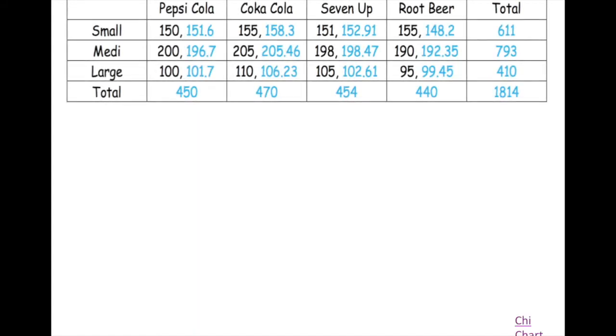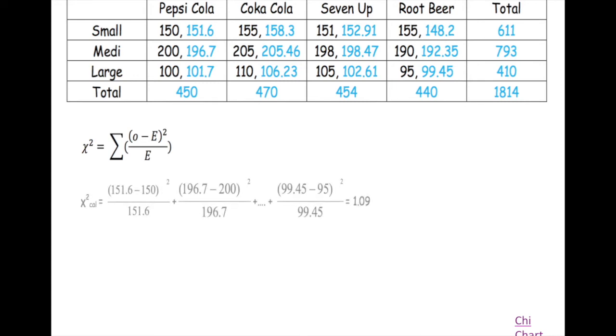And now we have all these values, it's time to solve the problem. Firstly, we still need this formula: xcal equals the sum of (O minus E) squared divided by E. How do we do the xcal here? We need to add all these terms one by one.